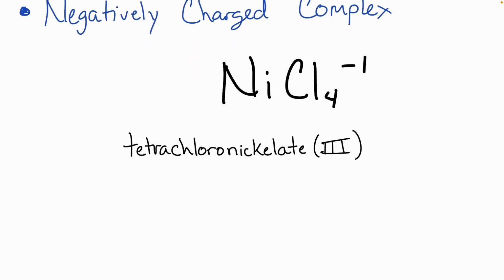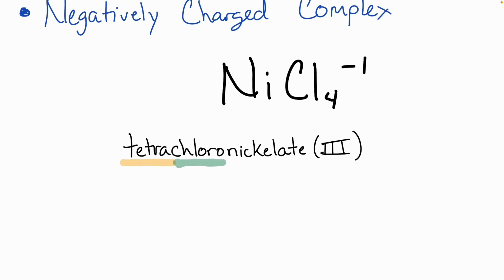Same basic components. I have my number of ligands. I have the name of those ligands. But now I'm referring to my transition metal with the anion name, and then still including that oxidation number.